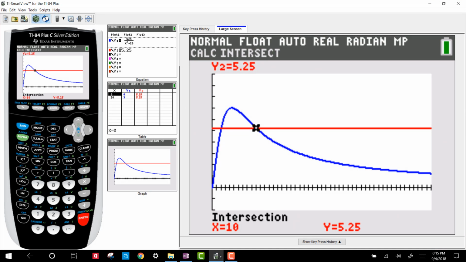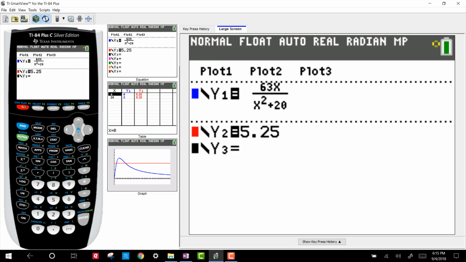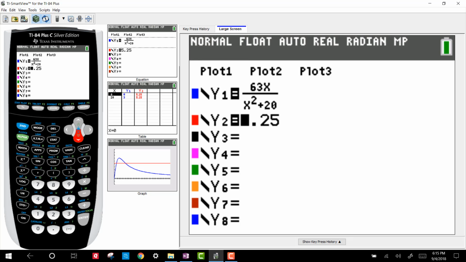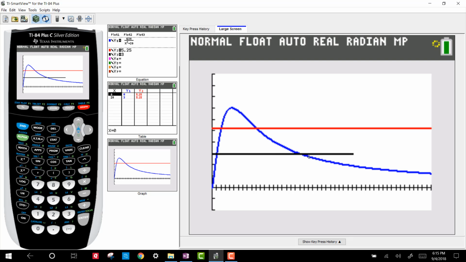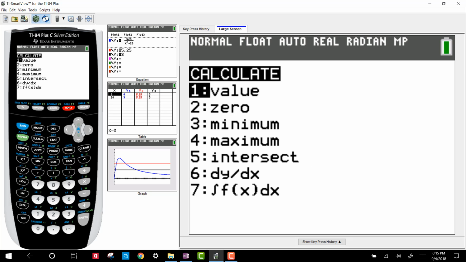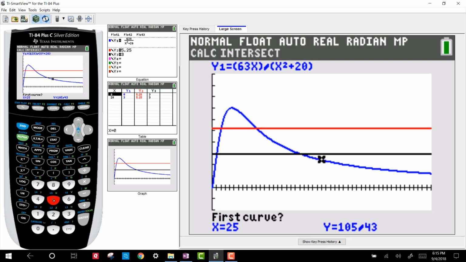So here we go. We'll go back to our y equals. We'll go down to the third line. We'll graph y equals 3. Graph. And then we want to find the intersection of the blue and the black. So again, we're going to hit the second key, calculate. We're calculating an intersection, so that's number 5.